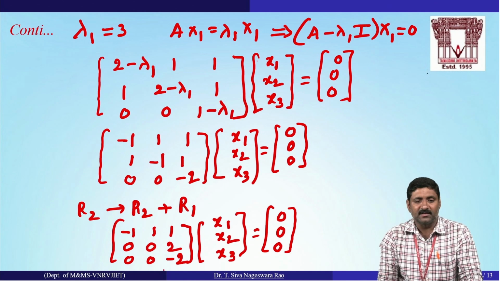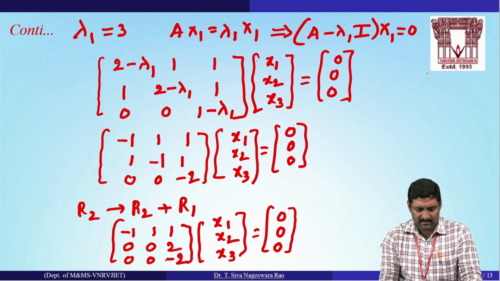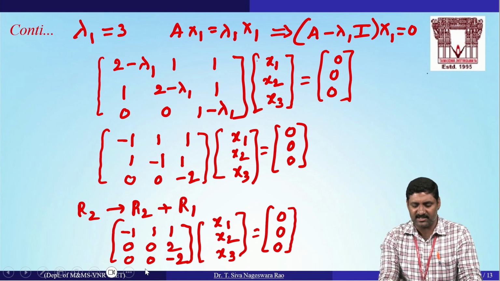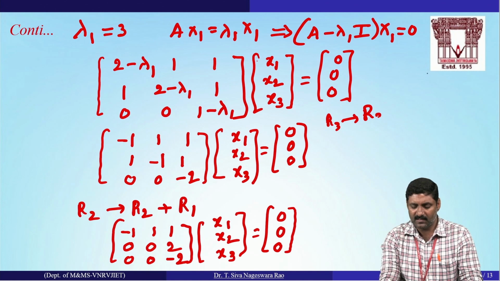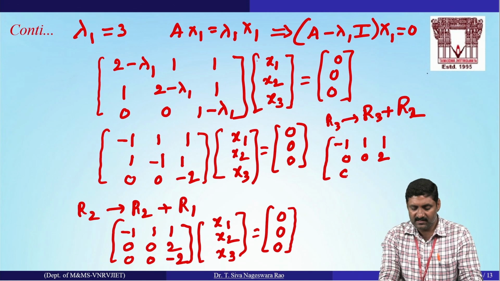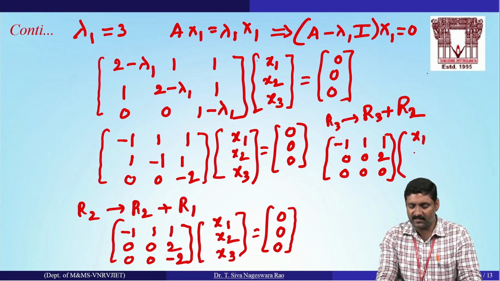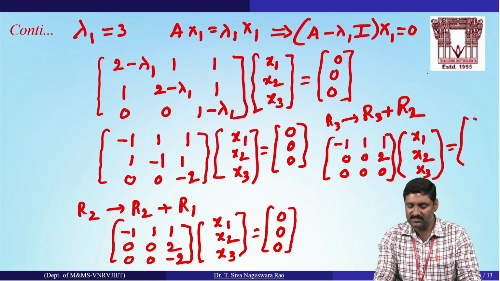Here we want to make the third row 0 by using one more row transformation, that is R3 goes to R3 plus R2. Therefore the resultant matrix is minus 1, 1, 1; 0, 0, 2; 0, 0, 0, multiplied with x1, x2, x3 is equal to the 0 matrix.